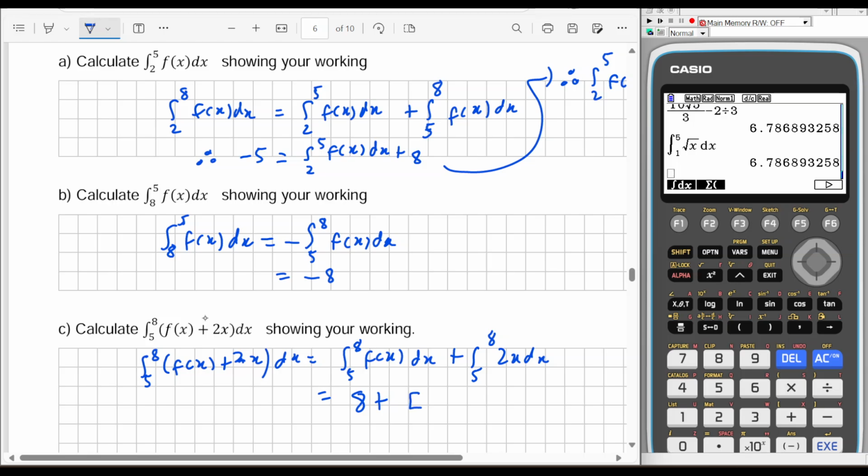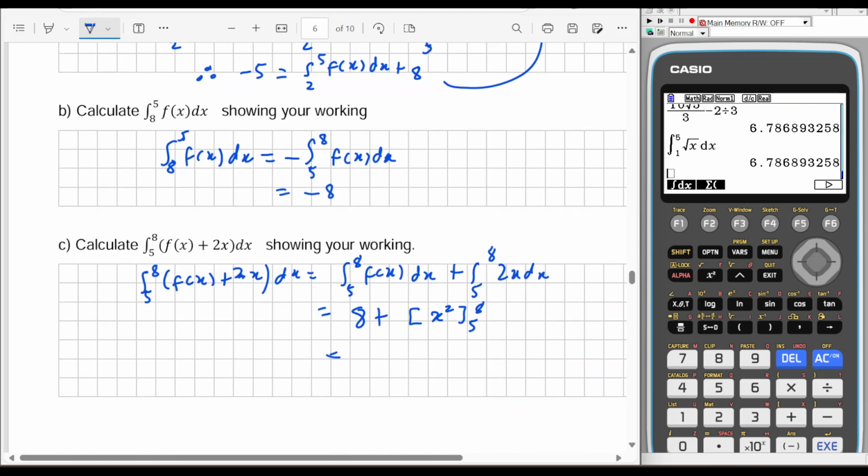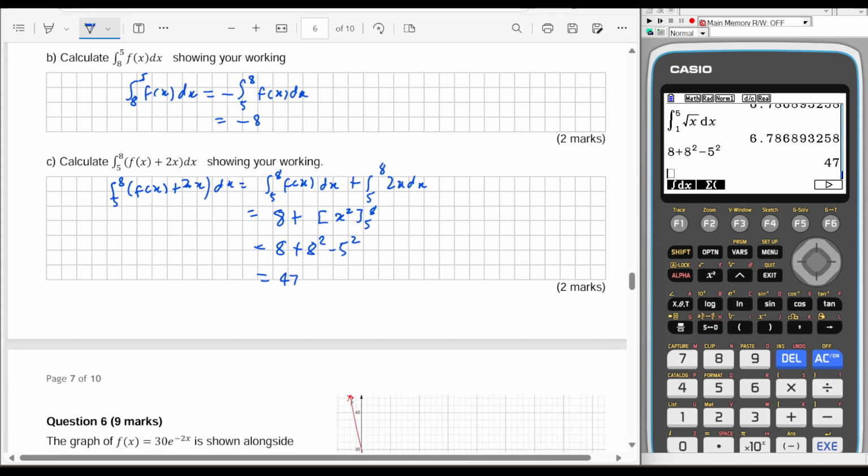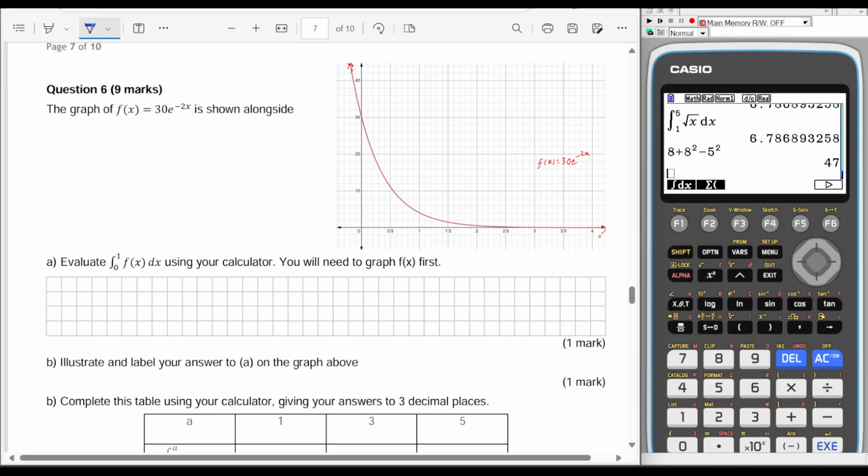And then it's 2x squared over 2. So essentially it's just x squared there from 5 to 8. So this is 8 plus 8 squared take 5 squared. And if you want, you can actually just whack that straight all in a calculator. Bam, 47. And no square units because it's just a definite integral, not an area.